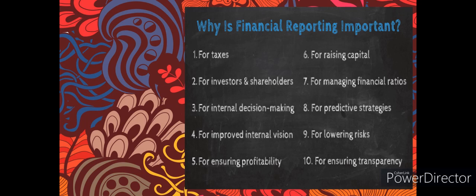Next is for lowering the risk and ensuring transparency. Here transparency means, how will we get to know that whatever profits you are making, is it correct or not? Whatever income you are incurring, is it correct or not?